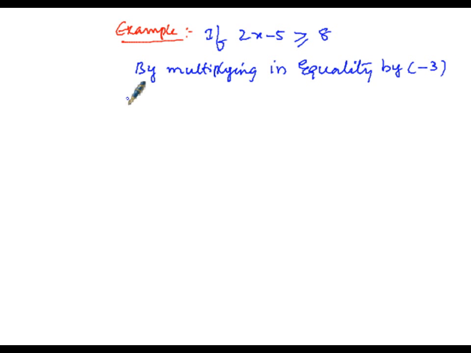That implies minus 3 into 2x minus 5 on the left hand side, then greater than or equal to becomes less than or equal to, and 8 multiplied by minus 3.